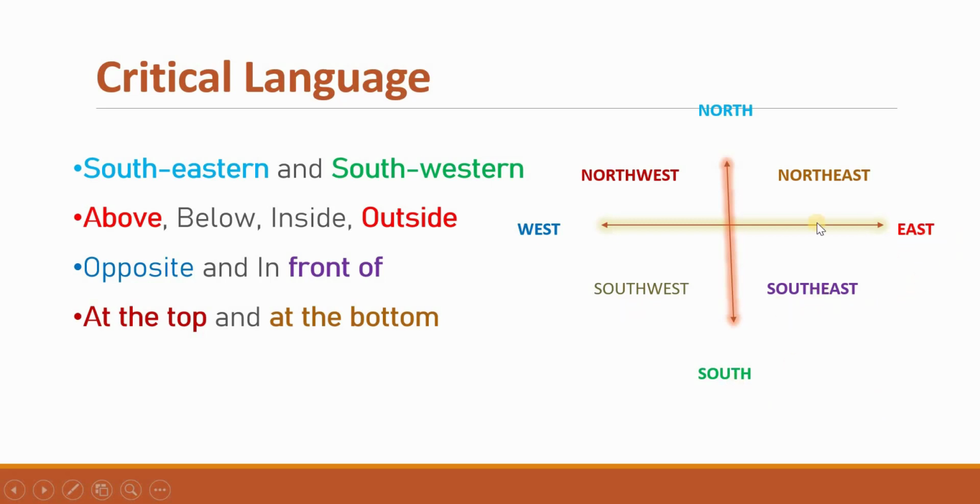So when the speaker says that the home or library is in the northeast, you have to keep this in mind. So if this is a labeling or map diagram, this is your northeast, this is your northwest, and if he says southeast, southeast is here, southwest is here.